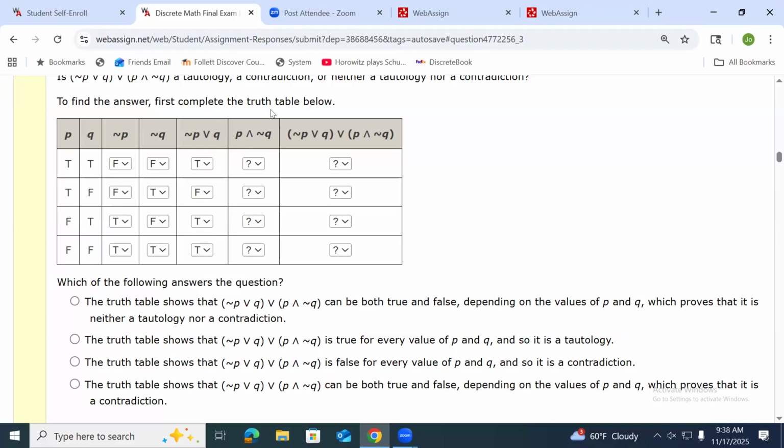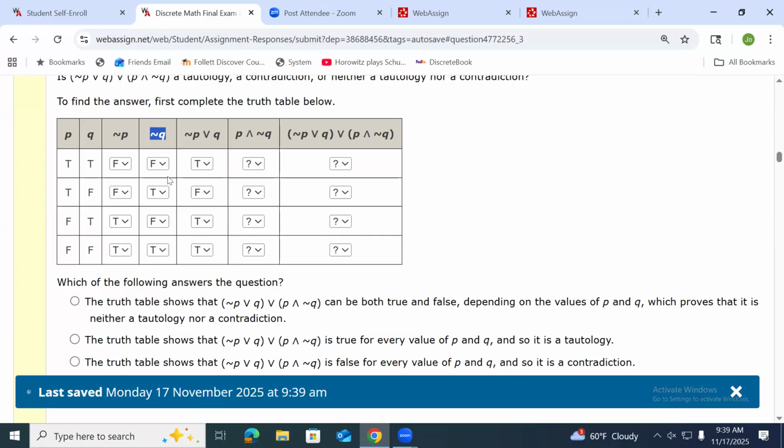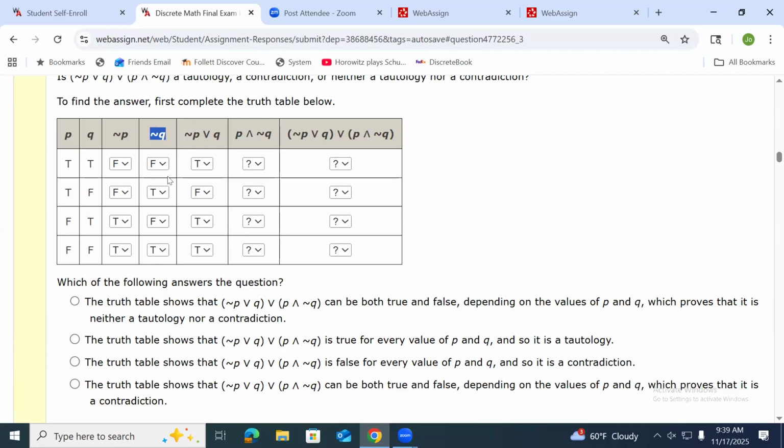Okay, now the next group, which is going to be the back row, P and not Q. So let's find those columns. P is right here, and then not Q is right there. So it's the first and the fourth columns, P and not Q. And with an and, it's the opposite of an or. So the only time an and comes out to be true is if both of the input values are both true.